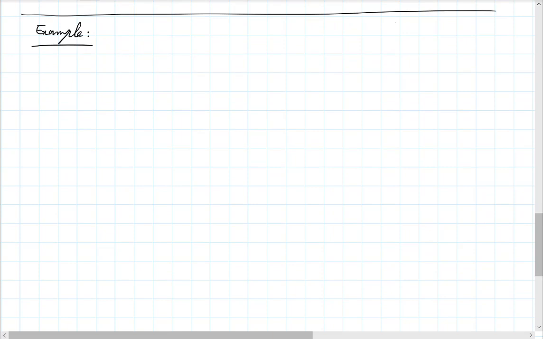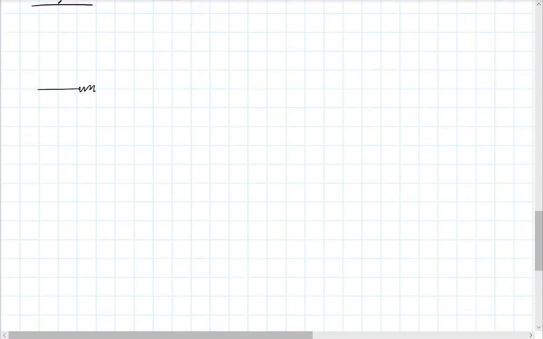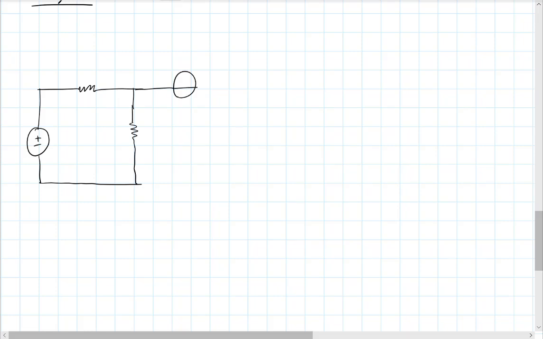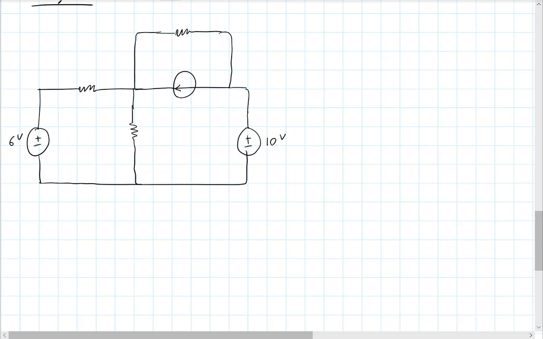So consider a circuit like this. Let's say this is 10 volts, this is 6 volts, 2 ohms, 2 ohms, 1 amp, 1 ohm.